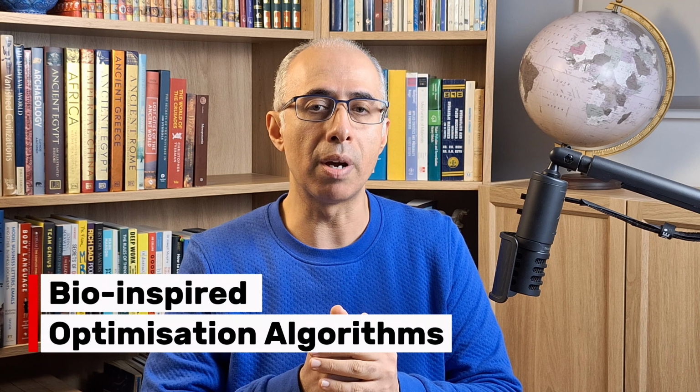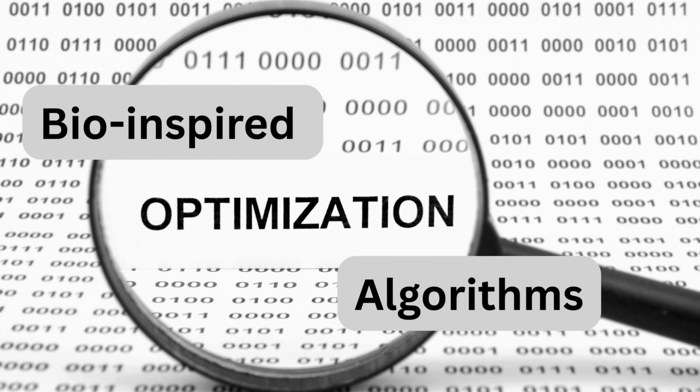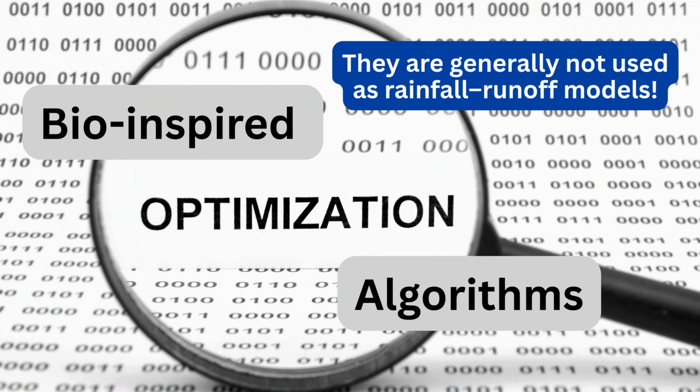Before moving on, it's important to mention a class of techniques which are often discussed alongside machine learning but serve a different purpose. I'm referring to bio-inspired optimization algorithms. Let's explore them. Bio-inspired algorithms are generally not used as rainfall runoff models themselves.